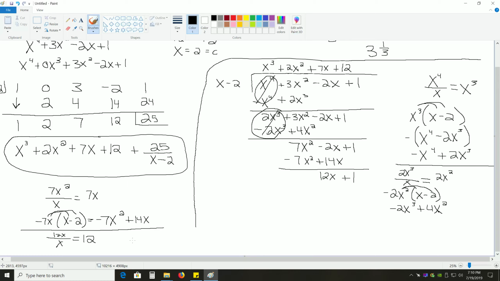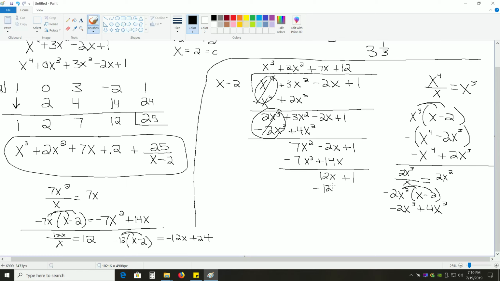And again, we take our value, 12, and we multiply it by the number on the outside, which is x minus 2. And we distribute a negative as well. So when we distribute this negative 12, we get negative 12x plus 24, which we write down here.